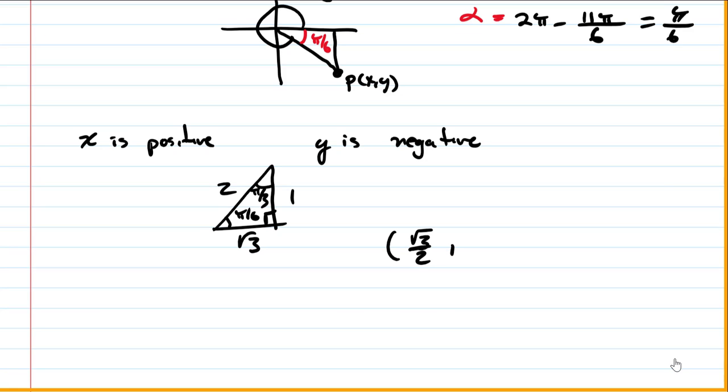And the sine of pi over 6 is going to be 1/2. But we're in quadrant 4, so y is negative. So we get root 3 over 2 and negative 1/2. So the point on our unit circle would be root 3 over 2 and negative 1/2.